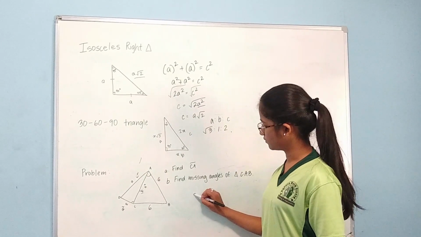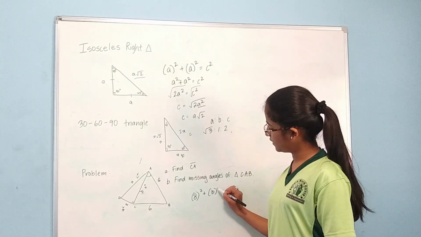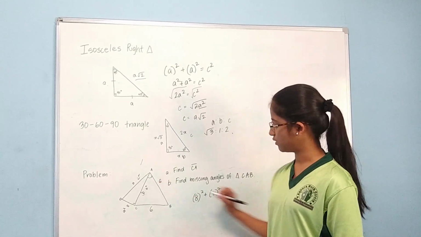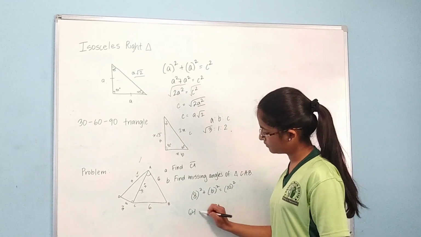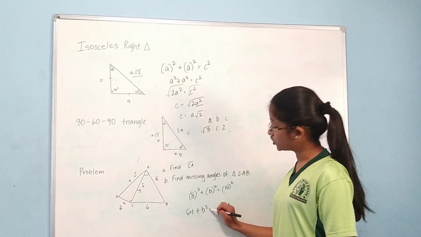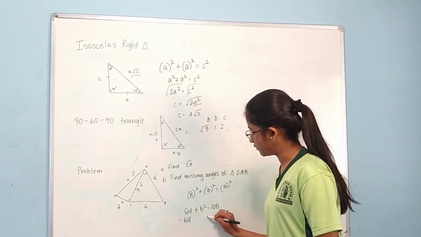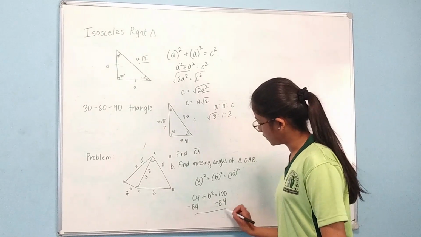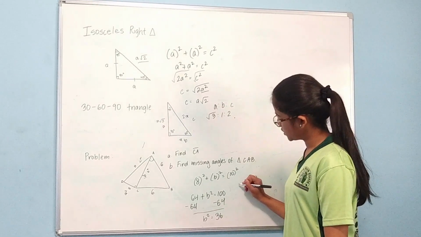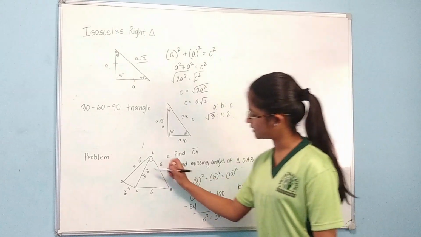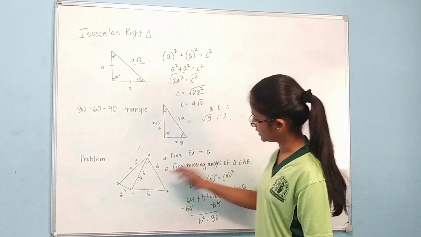So a squared, 8 squared, plus b squared should equal 10 squared. 64 plus b squared should equal 100. And when you subtract 64 from both sides, you get b squared should equal 36. So b is 6. So we found that CA is equal to 6.